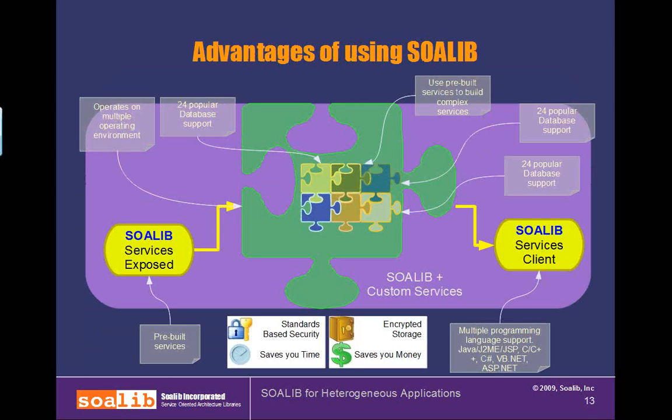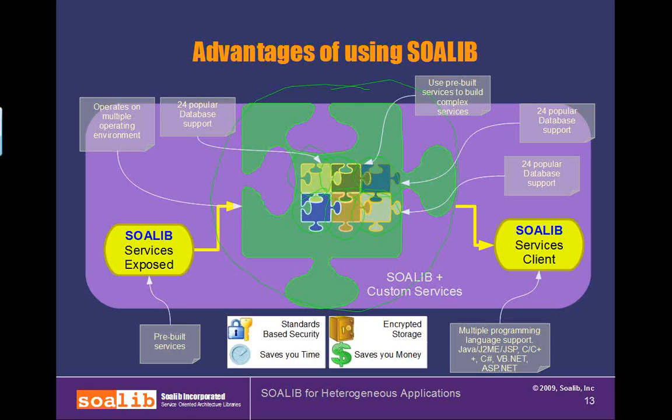And you see there's a big service here, which is now the puzzle piece. We are going to build this puzzle piece, which is a service. Now, each of these services has to be constructed. The way you construct with SOALIB is that SOALIB gives you a number of puzzle pieces, which are services. You use those services to build your service on a layer by layer basis.